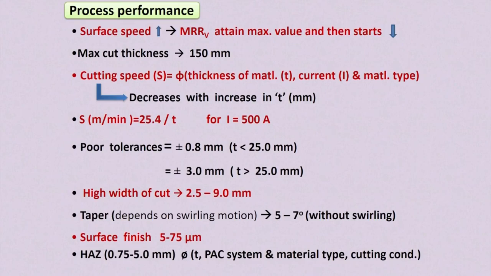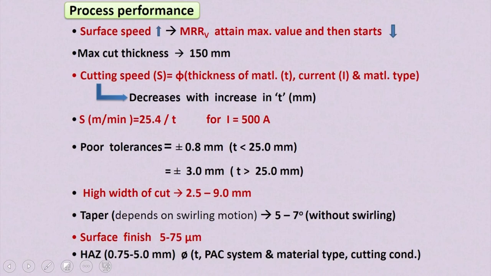So if you increase the thickness of the workpiece material, your cutting speed will reduce. If you write this in terms of an equation, the cutting speed of the workpiece material in meter per minute is equal to 25.4 by T.